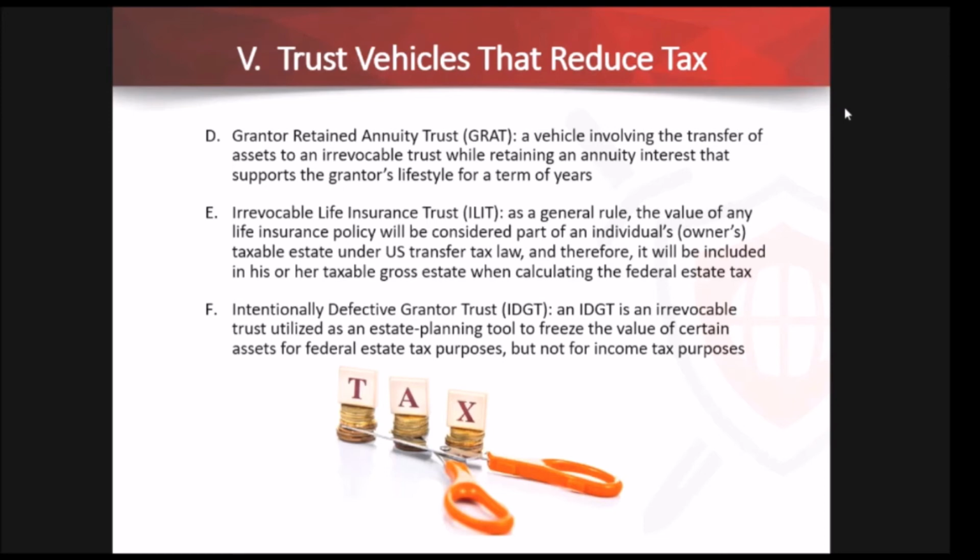The idea being that the asset inside the GRAT would appreciate at a large amount more than the annuity that you retain over a course of years. So you would have a term, maybe a 5-year term, and based on that, there would be an annuity paid back to the person who made the gift. Depending on how large that annuity is, you can actually almost zero out the gift entirely.